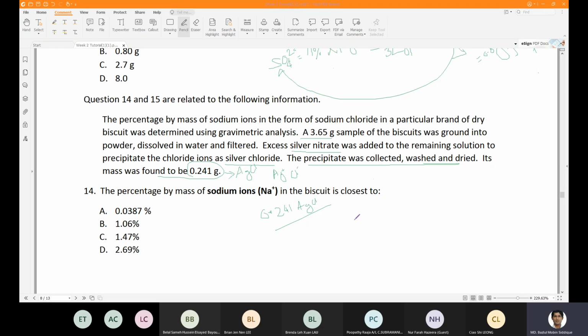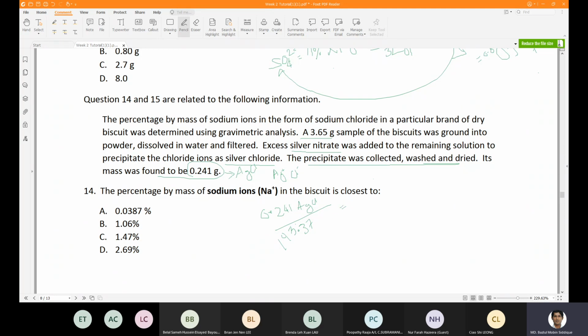Silver is 107.87 plus chlorine is 35.5, so 143.37 gram per mole.